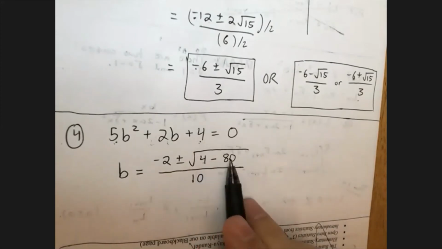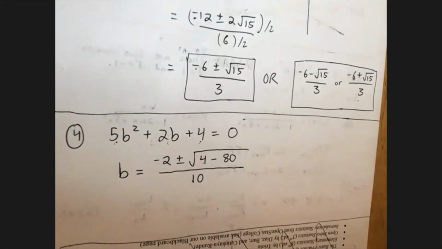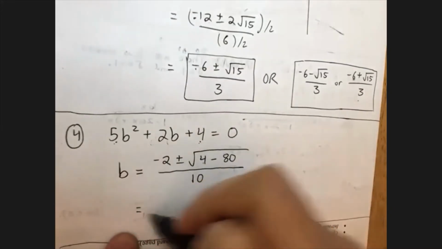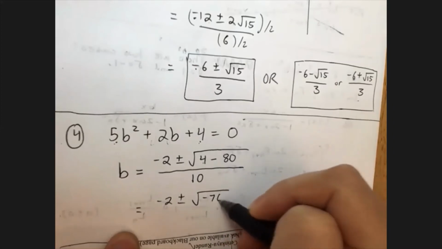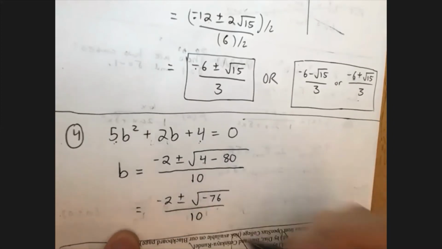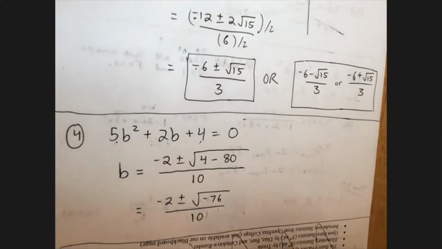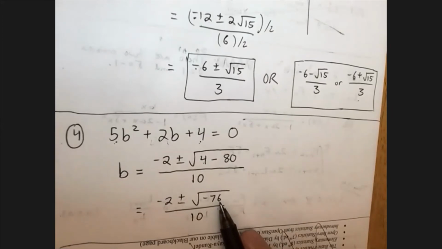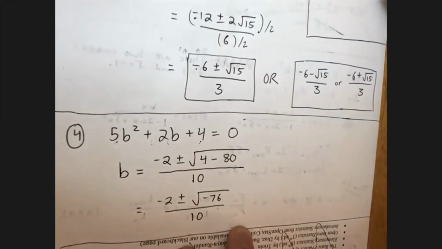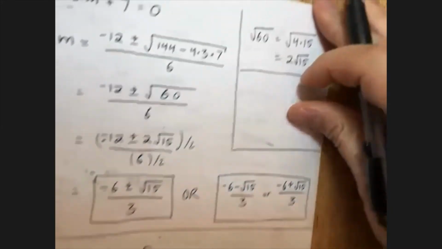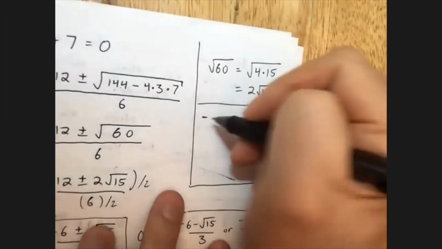What's 4 minus 80? Well, that's negative 76. Let's simplify root negative 76. We're running out of space, so I'm going to go way up here, and we'll simplify that.